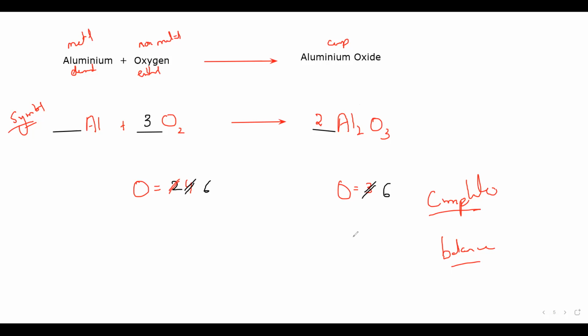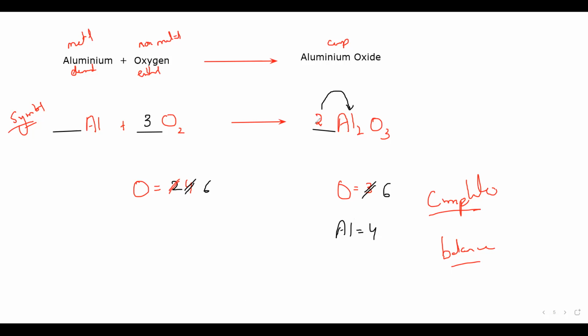So oxygen is balanced. What about aluminium? How many aluminium are on the right hand side, the product side? This 2 is multiplied, so 2 multiplied by 2 makes 4.